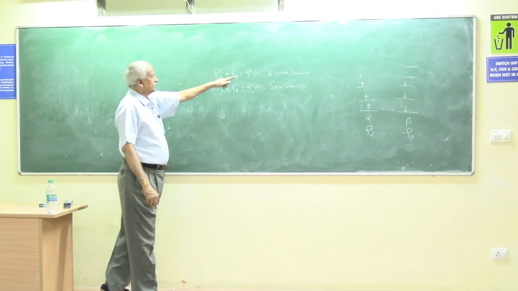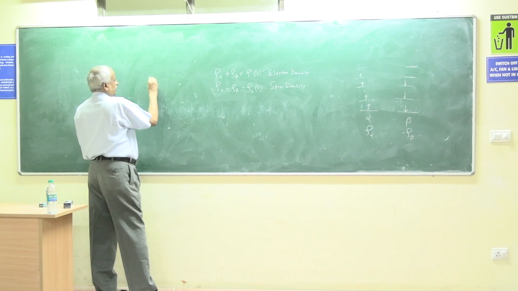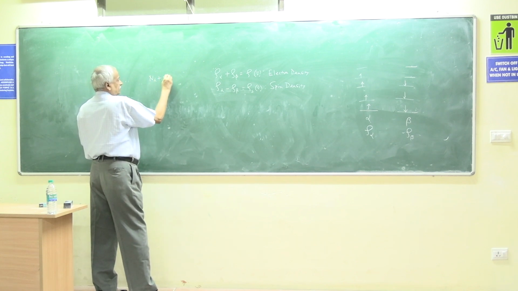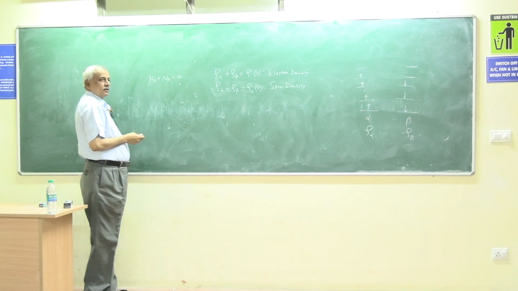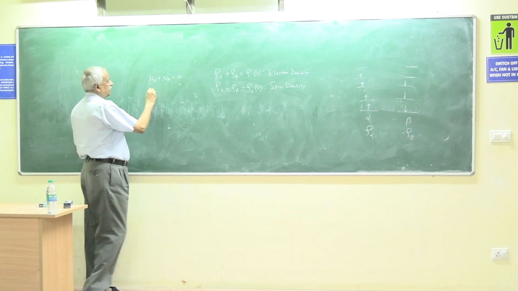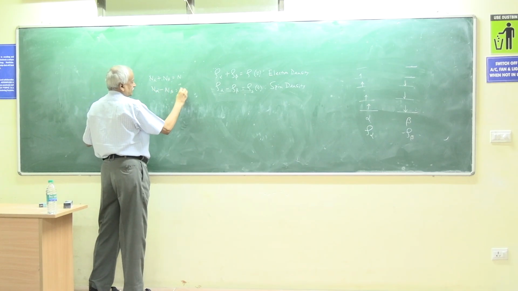If I integrate this quantity, that means n alpha plus n beta will give me n, which is the integral of rho dr. And n alpha minus n beta I will call n_s.